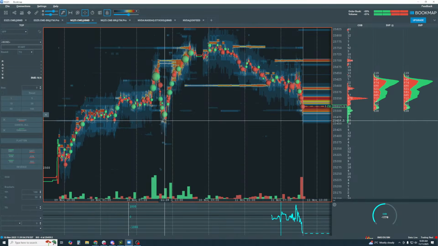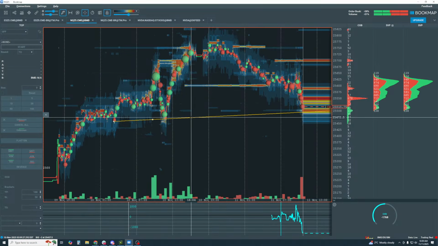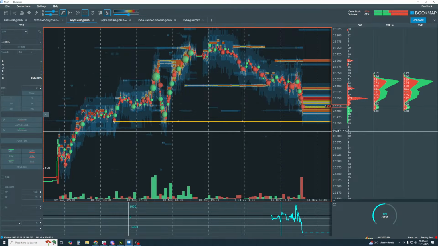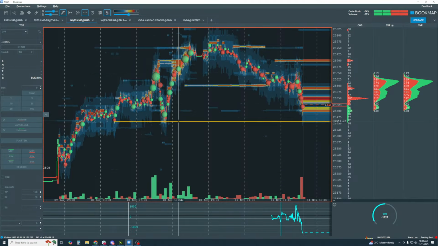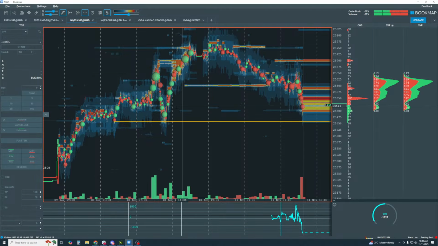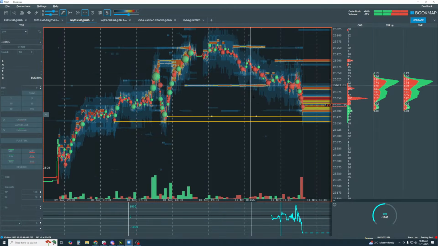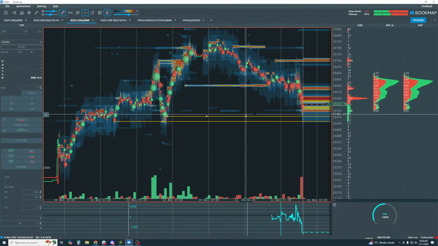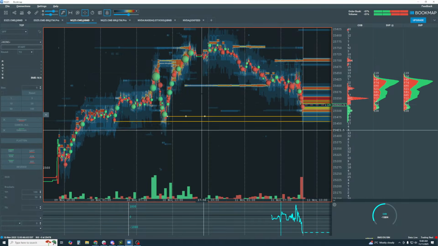If you guys want to use this, I like using the ray tool, and you just hold shift down and you'll get it to be either 45 degrees, 90, or 0.